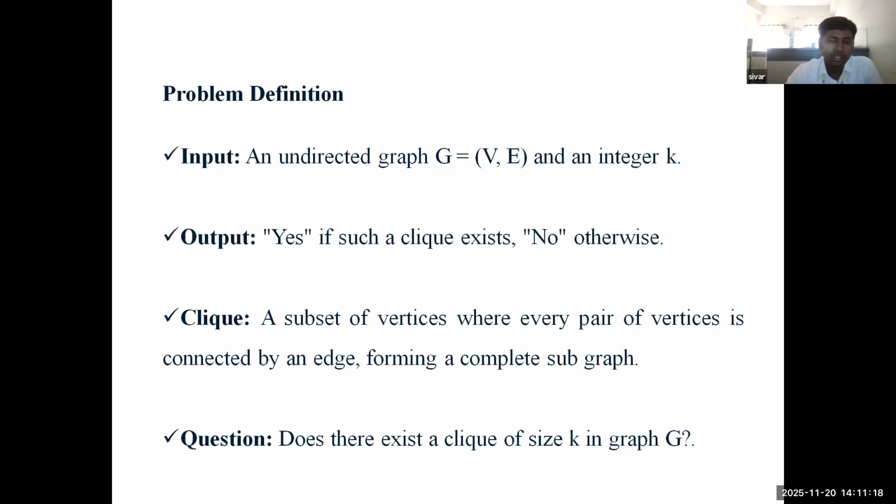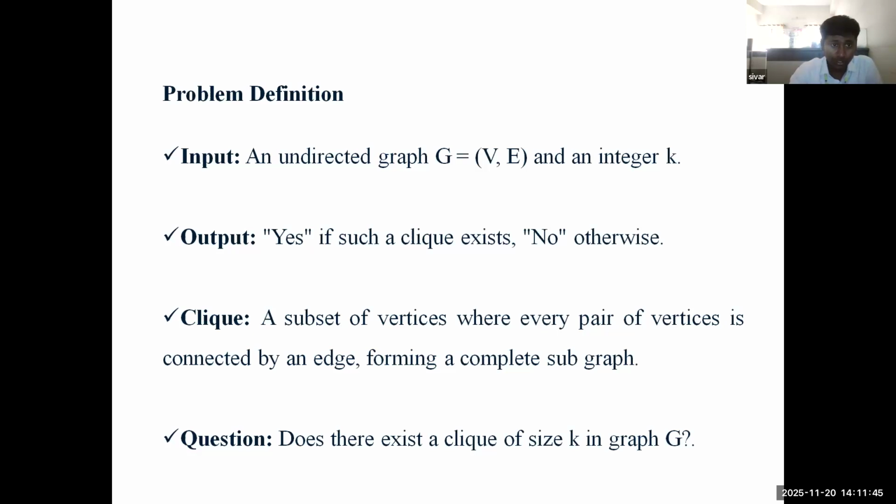In the output, either yes or no. Yes means the clique exists, no means it does not exist. Next one is the clique. What is a clique? A subset of vertices where every pair of vertices is connected by an edge. Here the question is, does there exist a clique of size k in the graph? The question is whether the clique of that size is present in the graph or not.